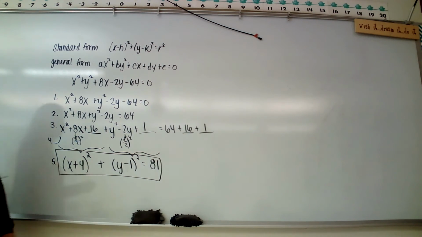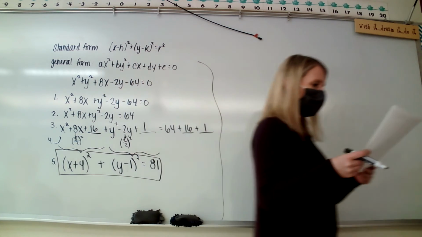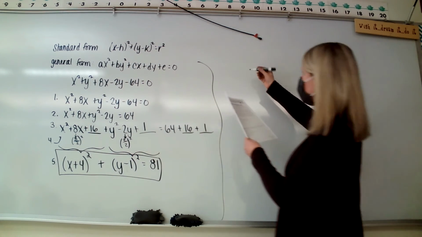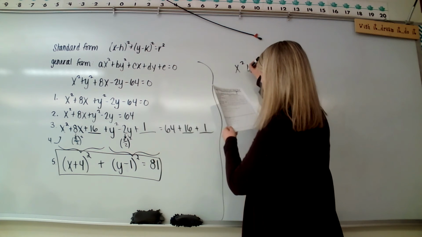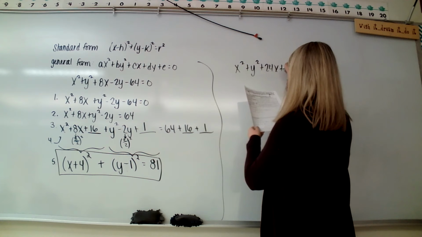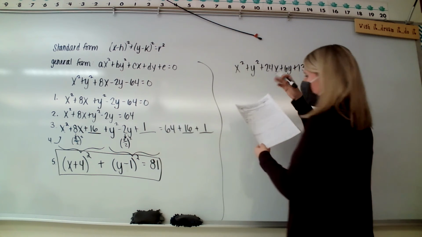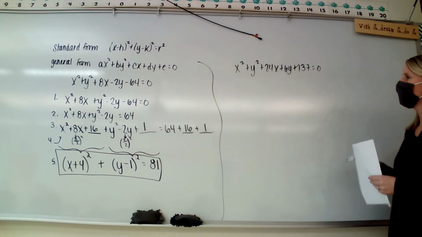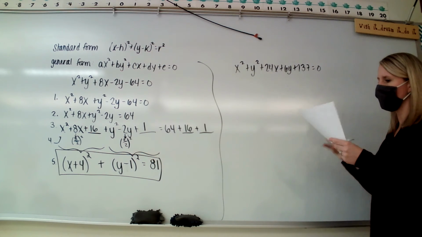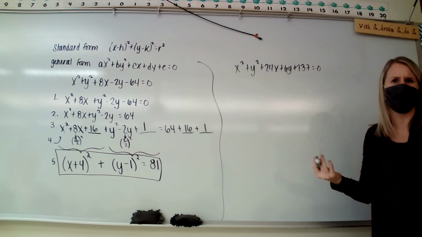Well, I've got plenty of room over here, so I'll do my example over here. That first one, we've got x squared plus y squared plus 24x plus 6y plus 137 equals 0. We can probably combine a few of these steps. First, we want to rearrange to put the x's and y's together, and I can move the constant and add the blanks.